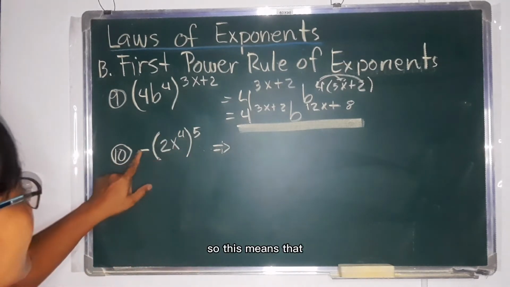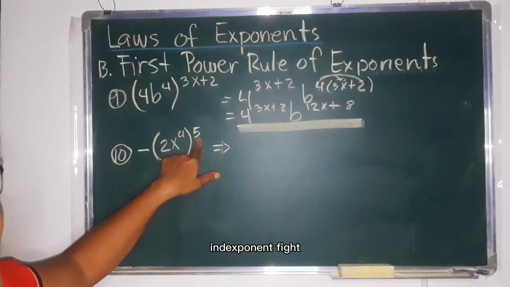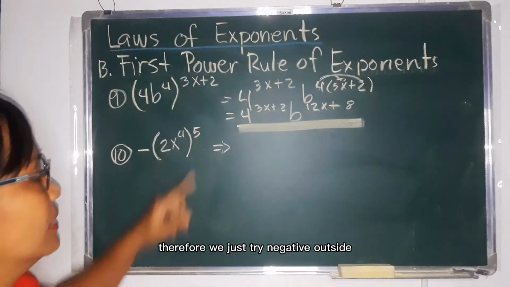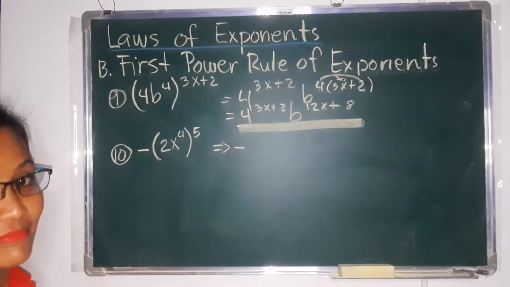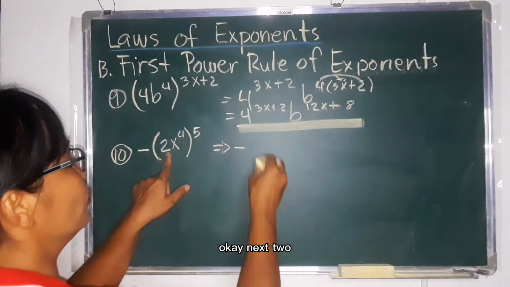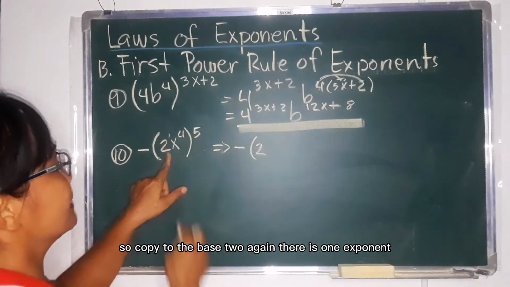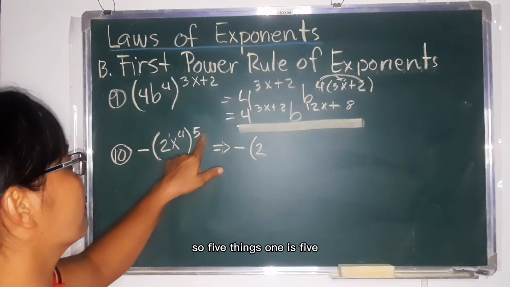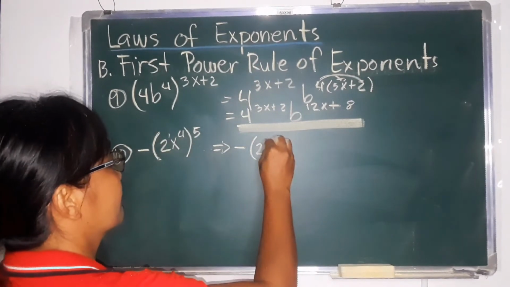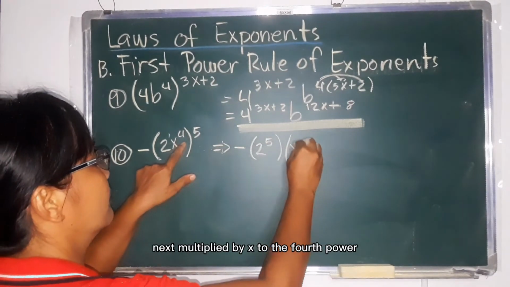So this means that the negative 1 outside is not included in the exponent 5. Therefore, we just write negative outside. Okay? Next, copy 2, the base 2. Again, there is an exponent of 1. It is invisible. So, 5 times 1 is 5. Next, multiplied by x to the 4th power.